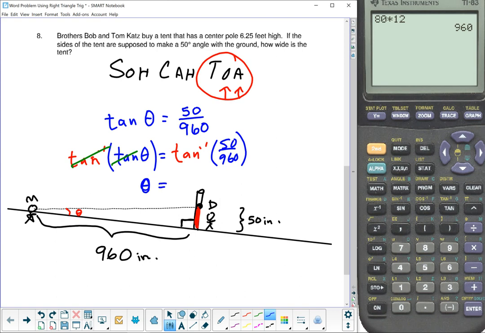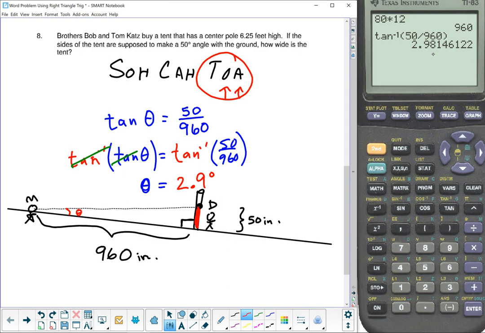That's what you want. And the inverse tangent on your calculator of 50 divided by 960. And yes, you can reduce. A little lazy right now, so I'm just going to let the calculator do the work for me, and you will get 2.98 degrees or 2.9 degrees or approximately 3 degrees. Right, so theta is about, and I'm going to stick with 2.9 degrees.